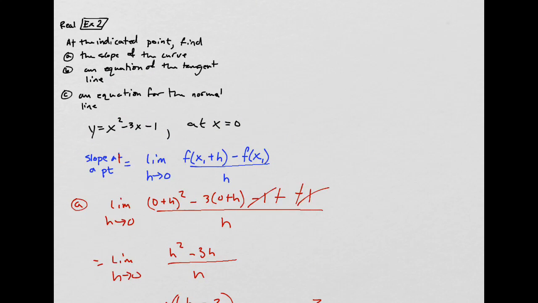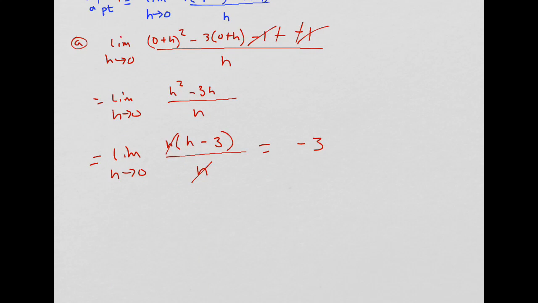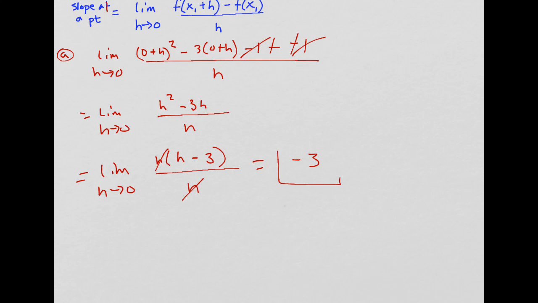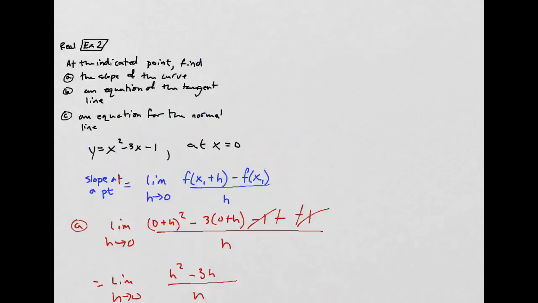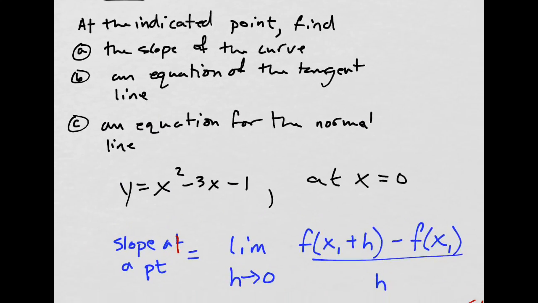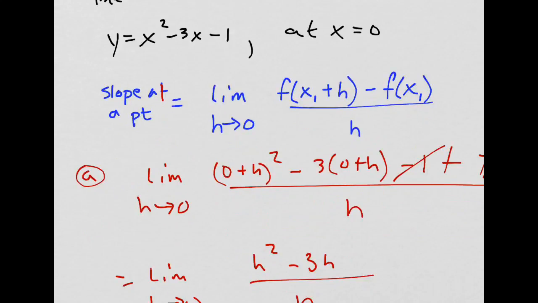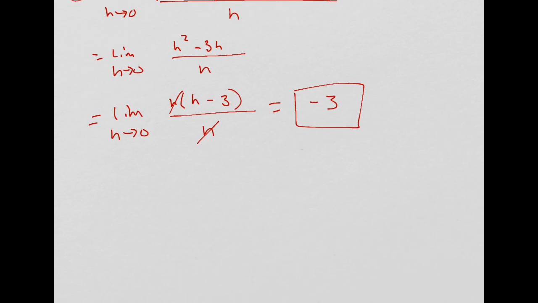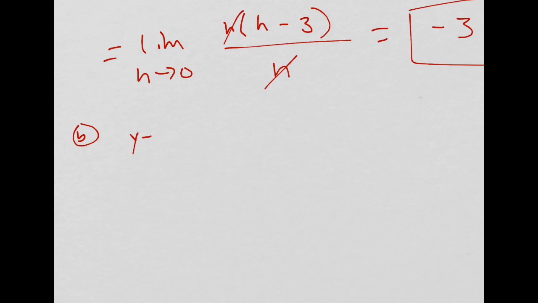So for part A, it says, what is the slope of the curve at this point? Well, that slope is negative 3. Let's see what part B says. An equation of the tangent line at that point. Okay, so for part B, I'm going to use y minus y1 equals m times x minus x1.